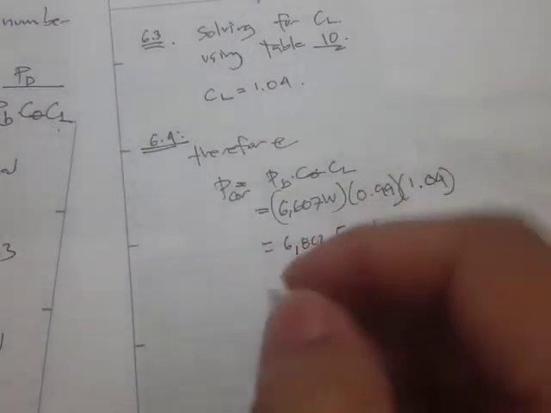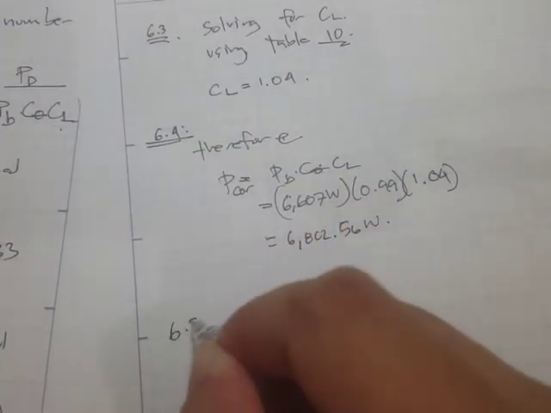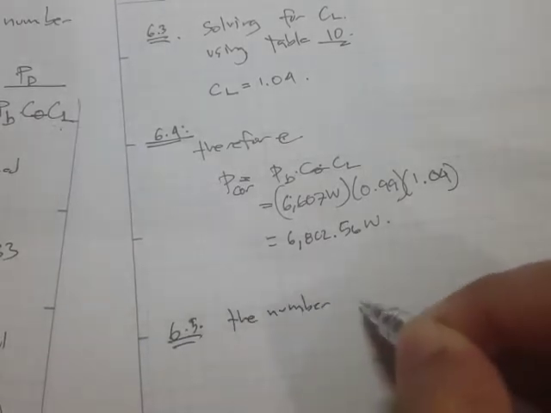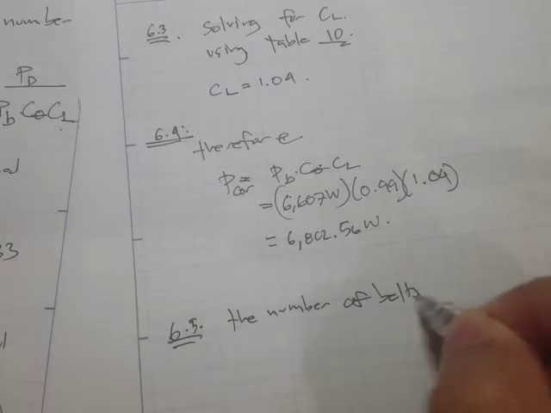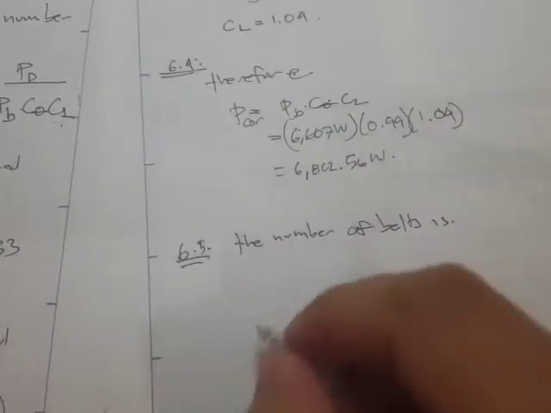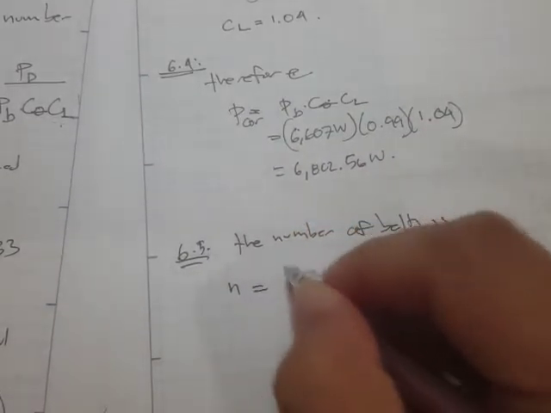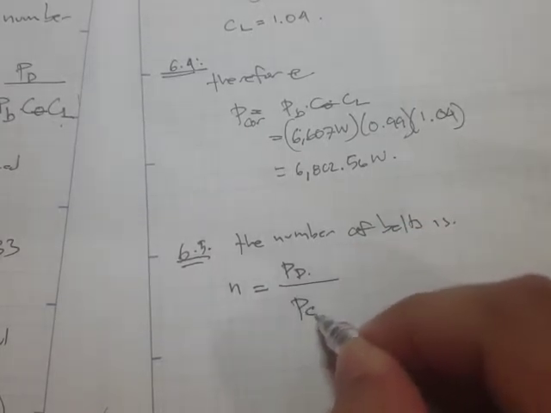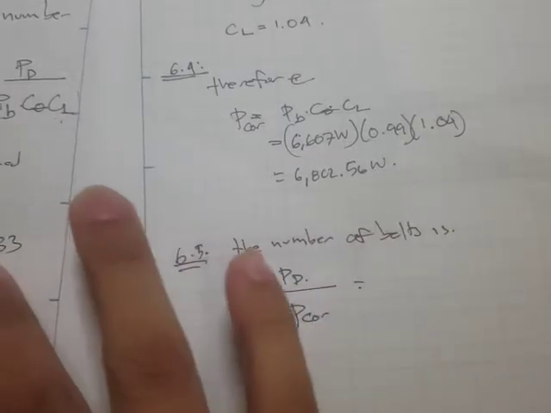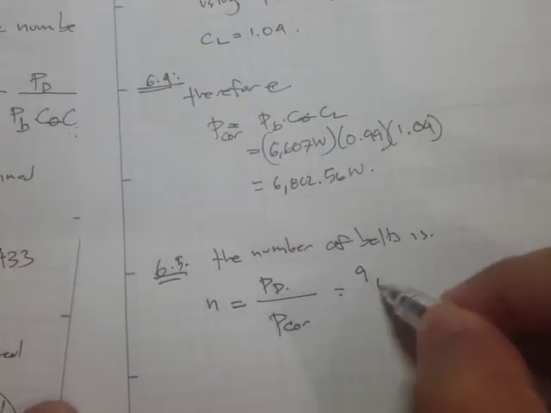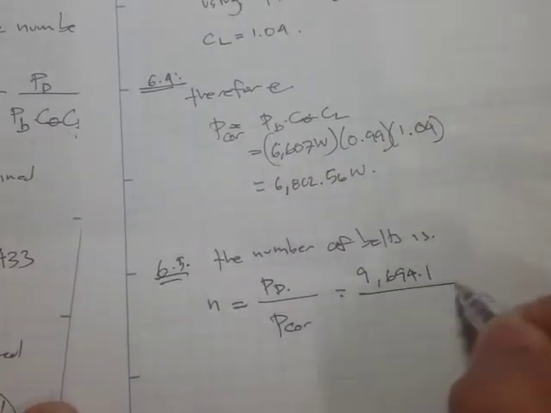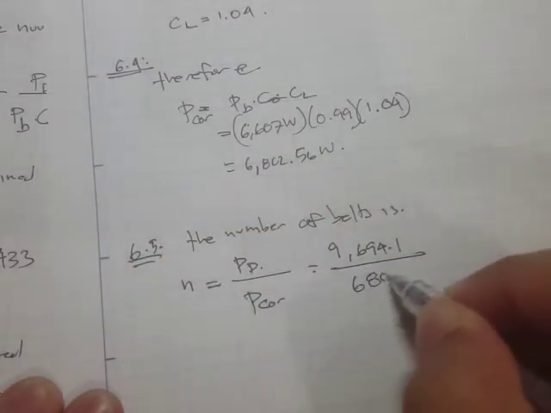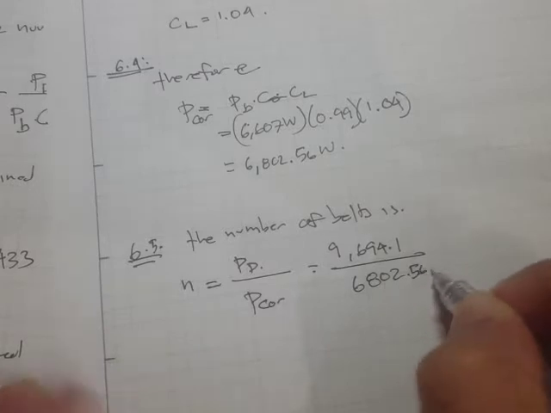And therefore, okay, 6.5. The number of belts is, we have this equation P sub D, that's the design power, divided by the corrected power capacity. Okay, the design power is 9,694.1 watts, divided by this 6,802.56.